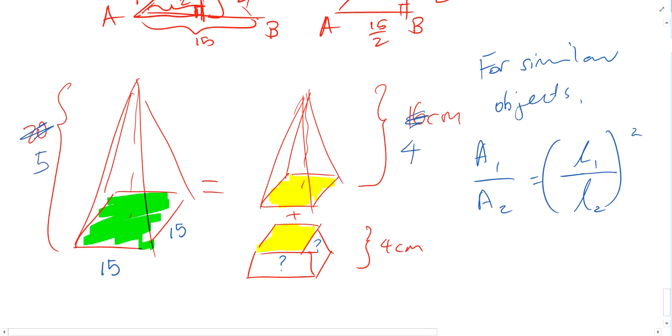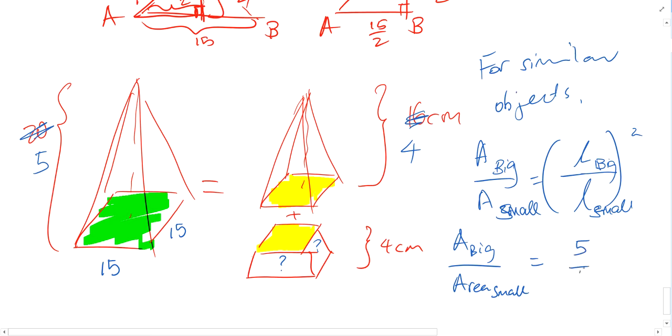So if I want the ratio of area, let's call this big and this small. Area big over area small must be equal to the big length over the small length, so 5 over 4, and I square it, which is 25 over 16.